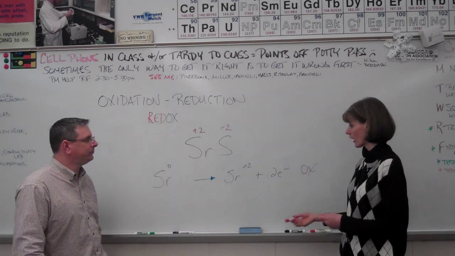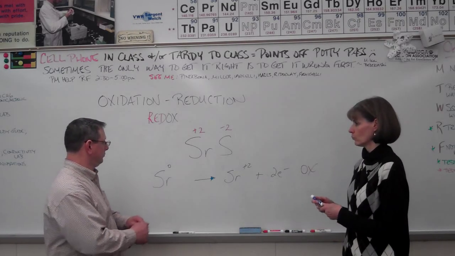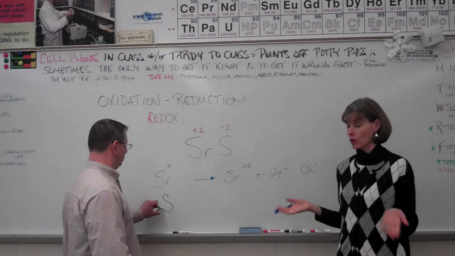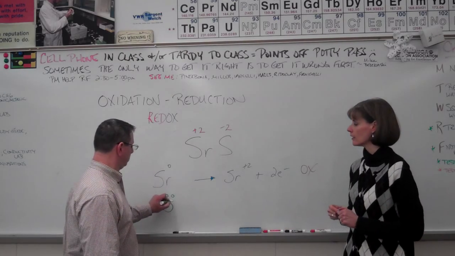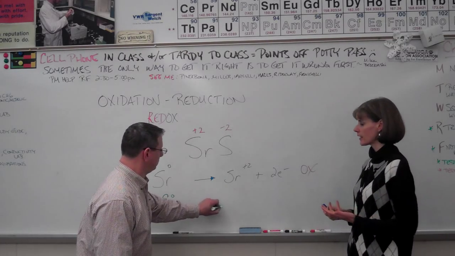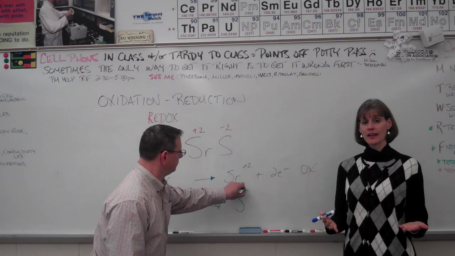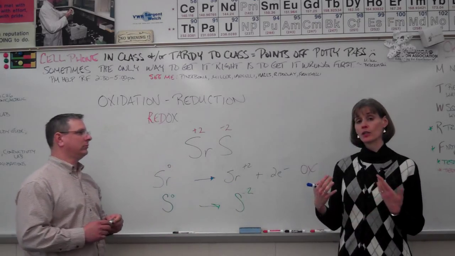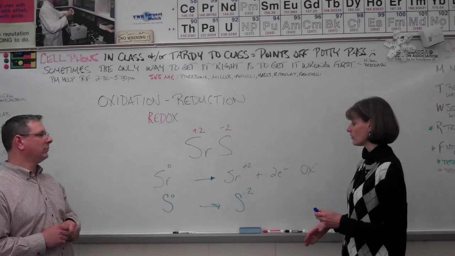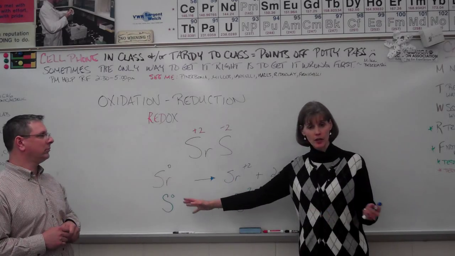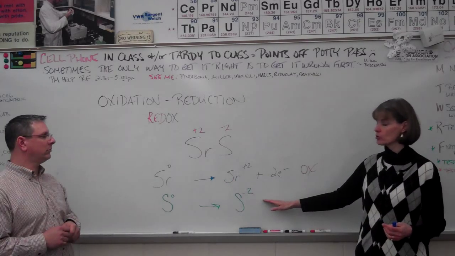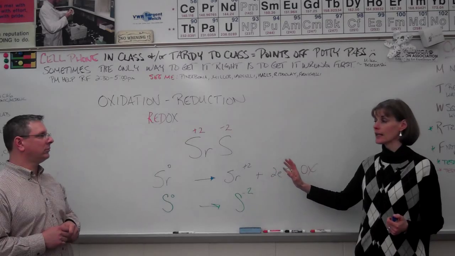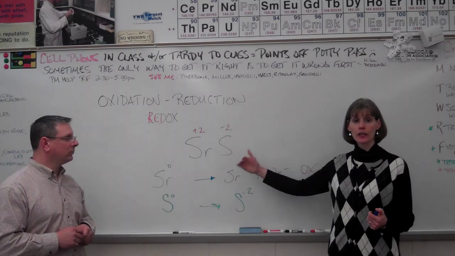You betcha. Okay? Then we know that these always happen simultaneously. Oxidation and reduction are tied together. Something's going to happen to that sulfur to make it become reduced. Well, sulfur's going from 0, the element by itself, to this -2 ion, which means it had to gain 2 electrons.